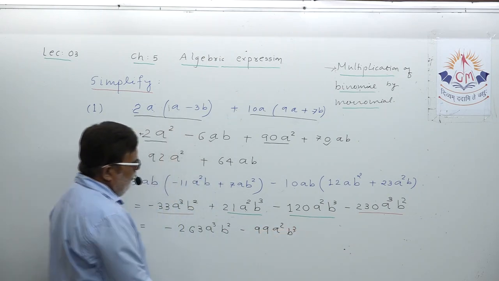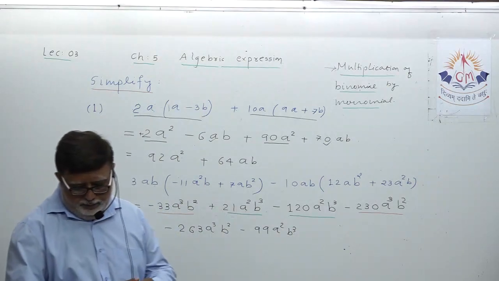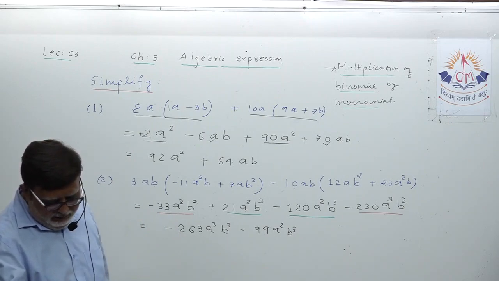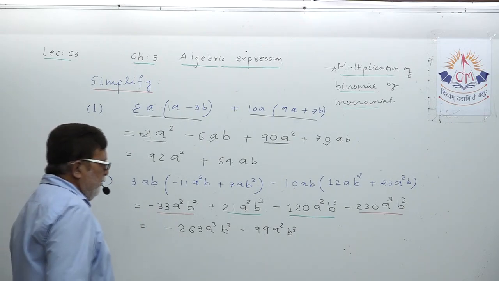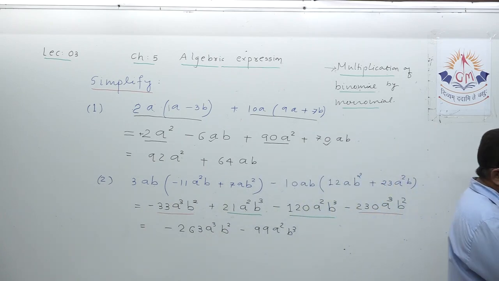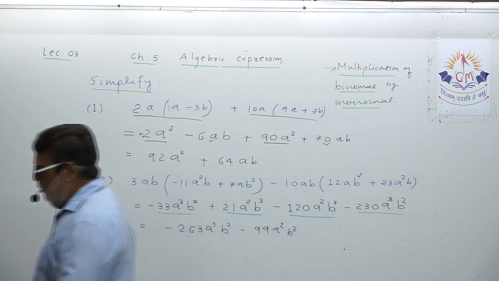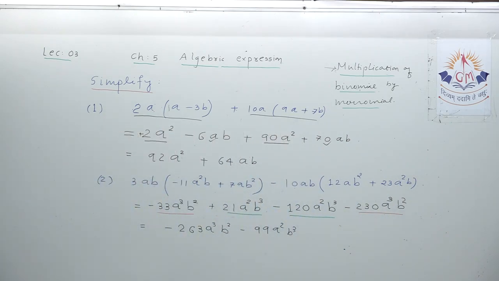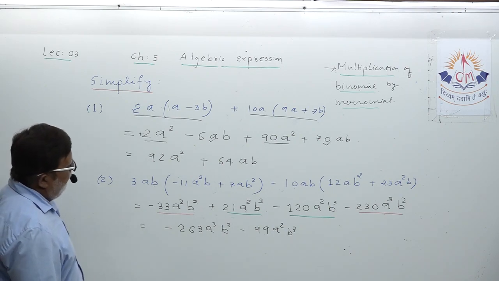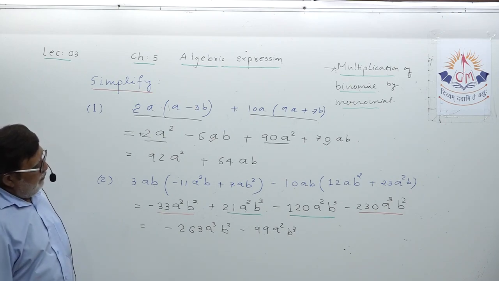The sum is over. Two examples of such type of multiplication I think are sufficient to give you an idea how to perform the examples of simplification. Be watchful. Then I will take some more difficult examples of simplification. Okay? Is it clear in your mind?